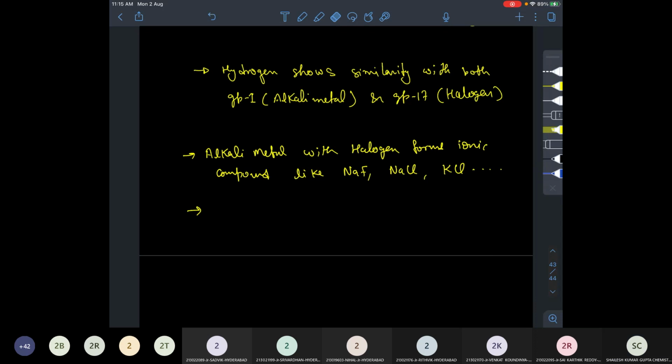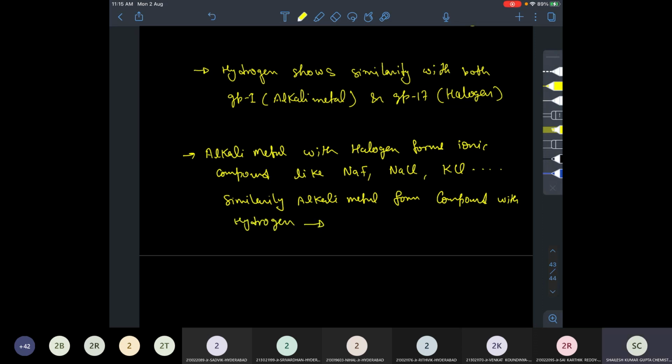Similarly, alkali metals form compounds with hydrogen. What are those examples? NaH, lithium hydride, potassium hydride. These are ionic compounds.